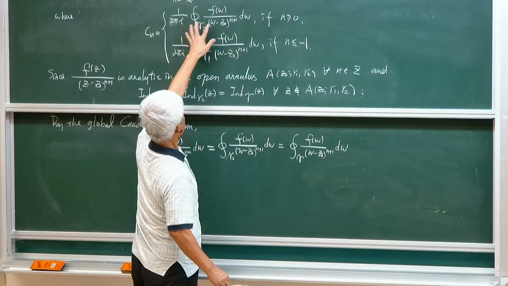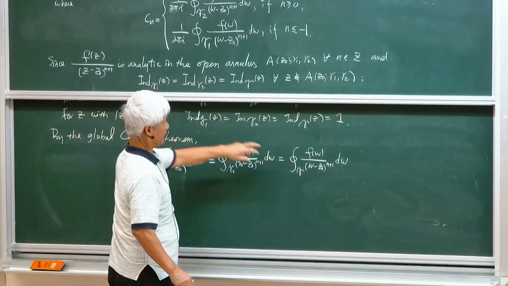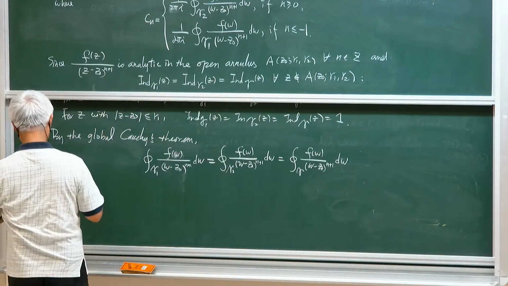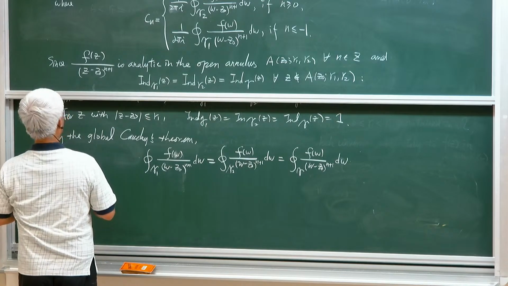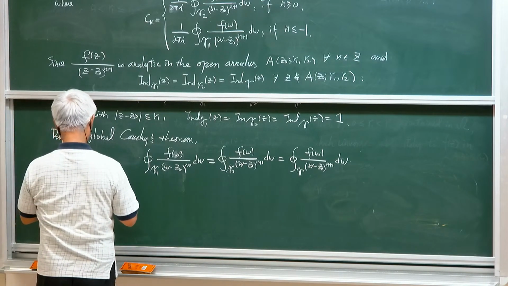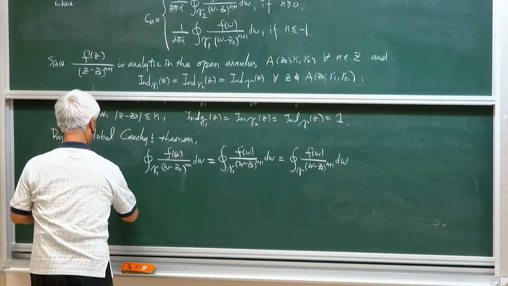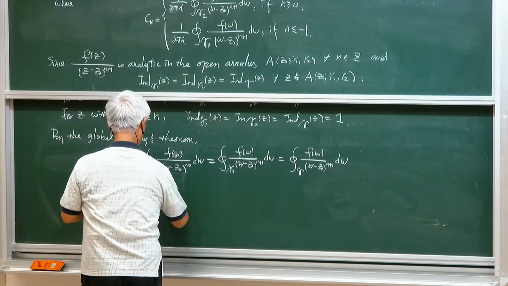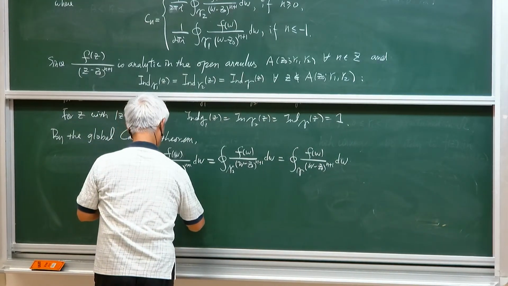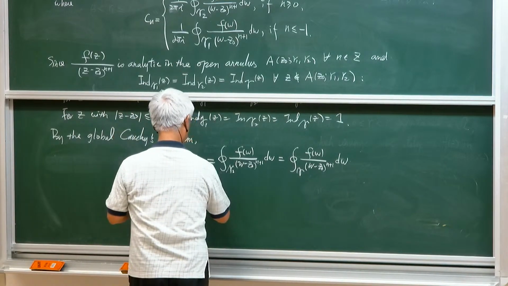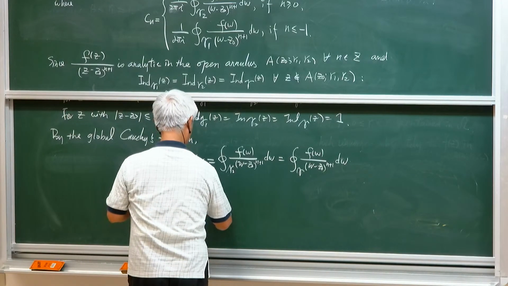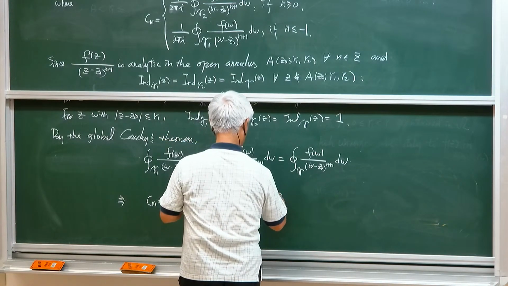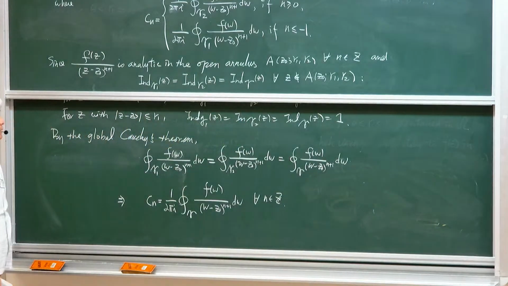We know that these two line integrals can be replaced by this integral, so that Cn can be replaced by 1 over 2 pi i times the integral over gamma of f of w divided by (w minus z0) raised to n plus 1's power, for all integers n.